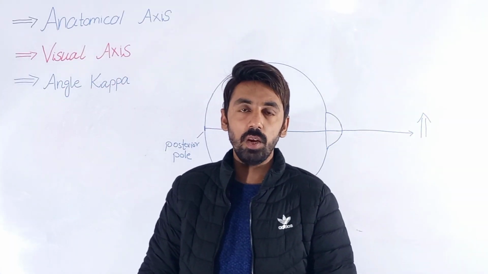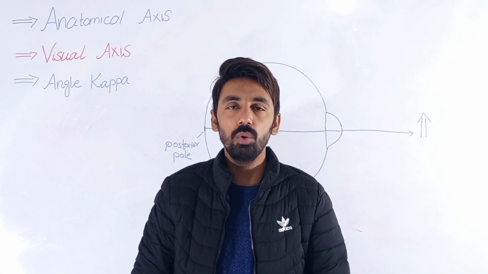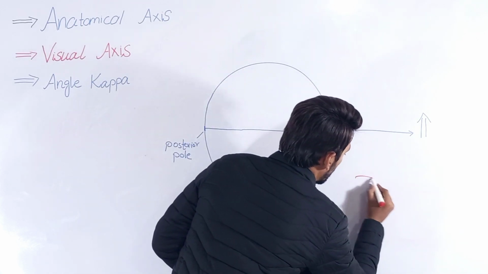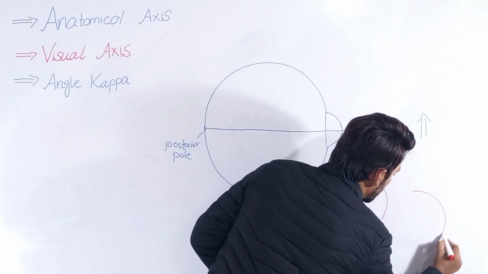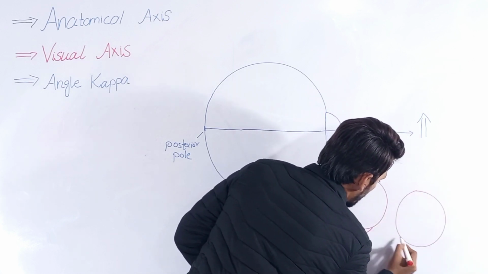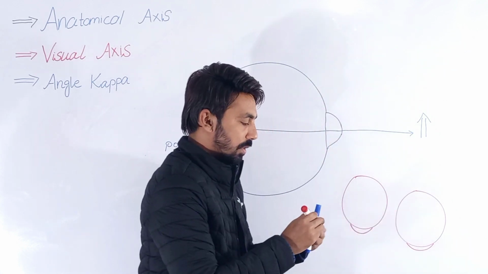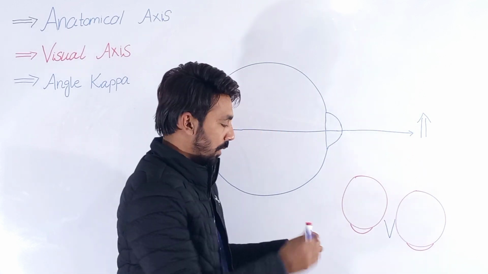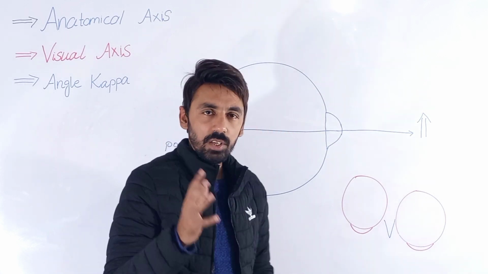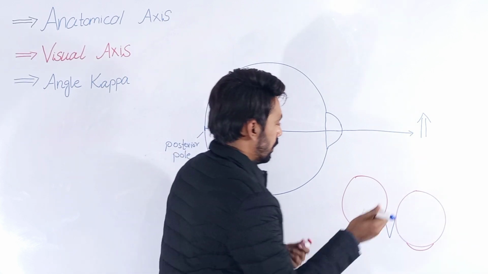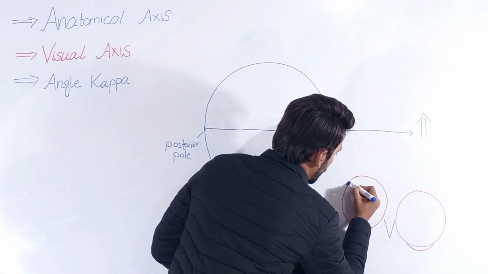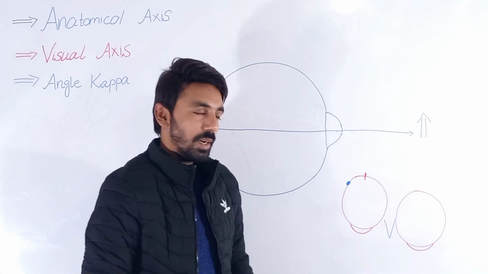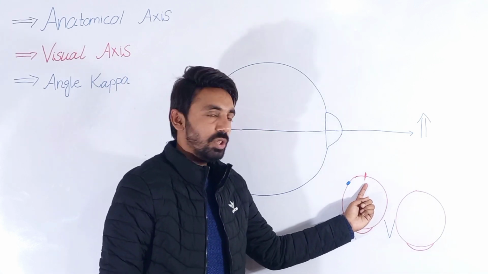Before learning about the visual axis, we have to learn about the anatomical position or location of the fovea centralis. So, if we have these two eyeballs, and exactly the nose, the position of the fovea centralis is slightly temporal to the posterior pole of the eyeball.